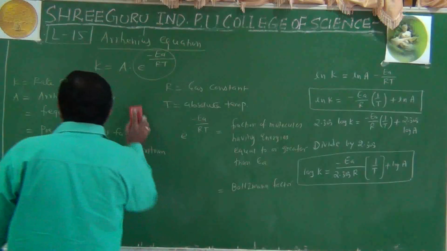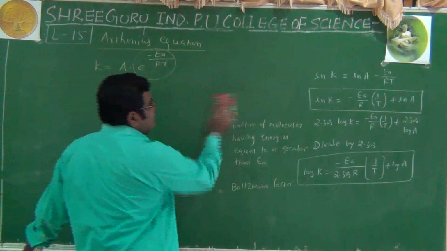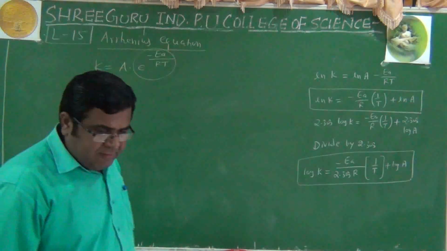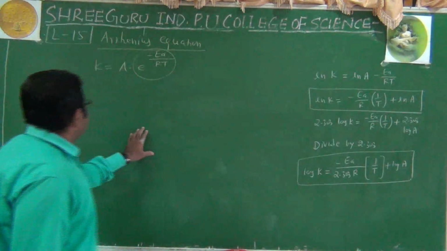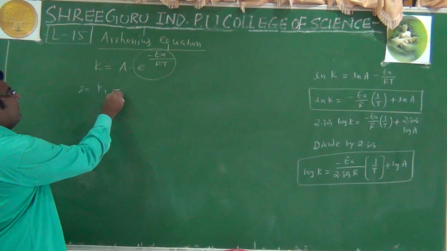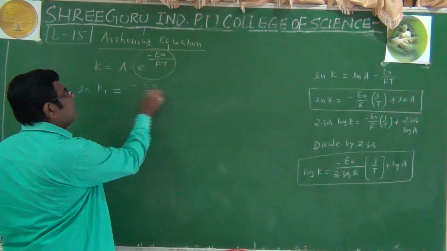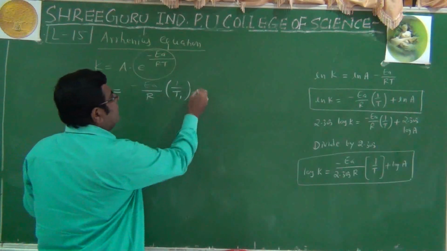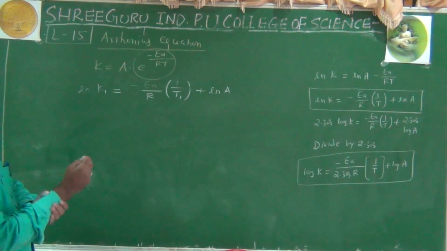Now we have to derive some more forms because they are all used in different calculations. See the next form which we are using now. We will just develop this equation. We say that natural log of k1, the rate constant at temperature T1, equals negative Ea by R times 1 by T1 plus natural log of A. A is constant, it won't change for a particular reaction.